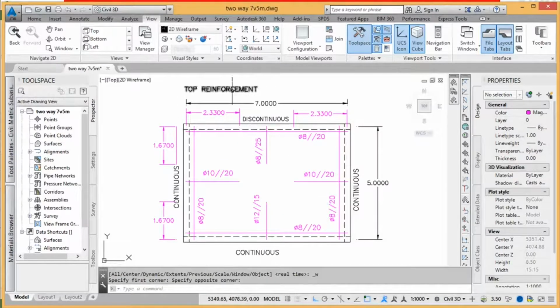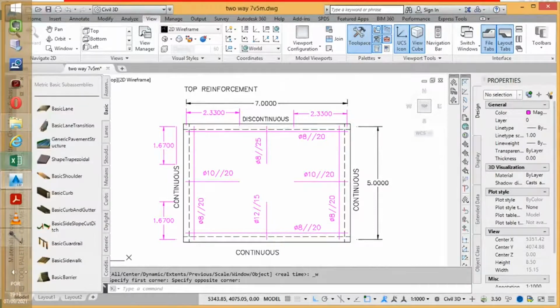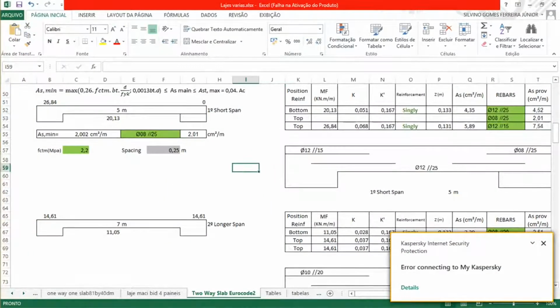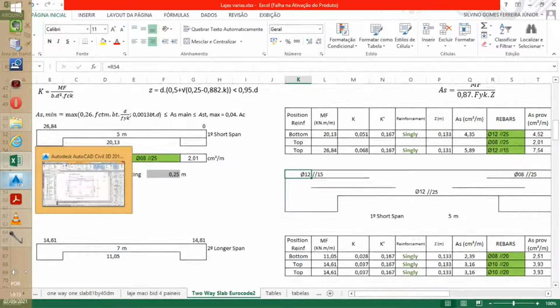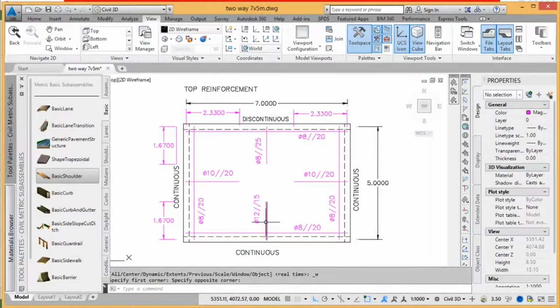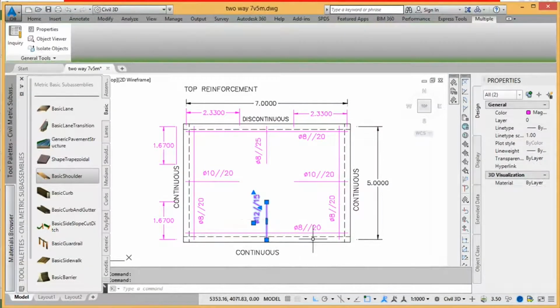On the top, the reinforcement, if you go check on the shorter side, we have this that we calculated for one side, 12 spaced by 15, and the other was the minimum because the support there is continuous. So 12 spaced by 15.